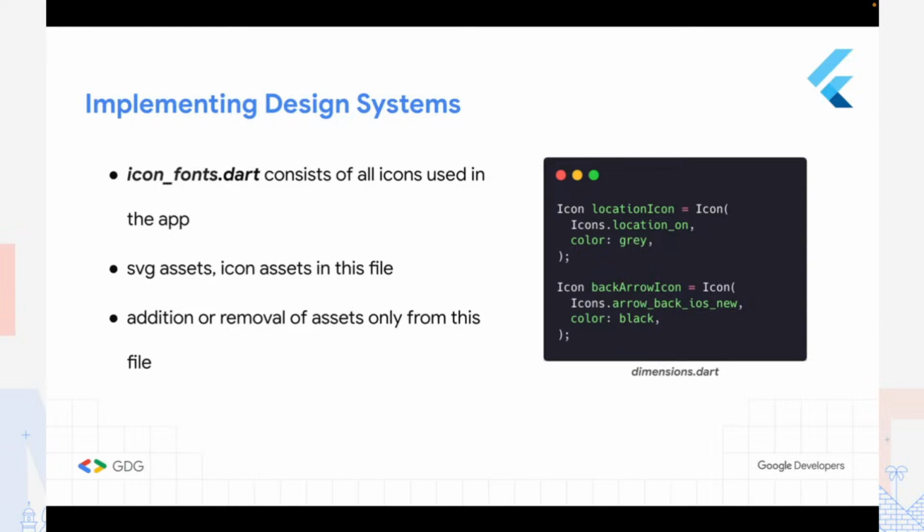And not only 10 pages, if it's a large application, you will have more than 25 screens. So think about the time you will be spending only to make those changes. So yeah, you can avoid all that if you have an icon_fonts.dart.